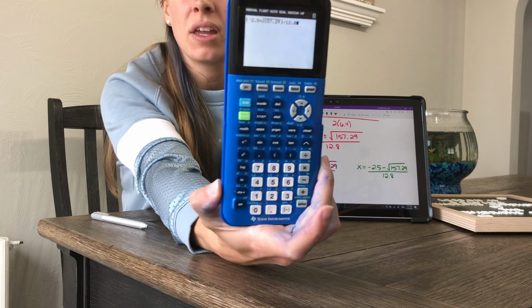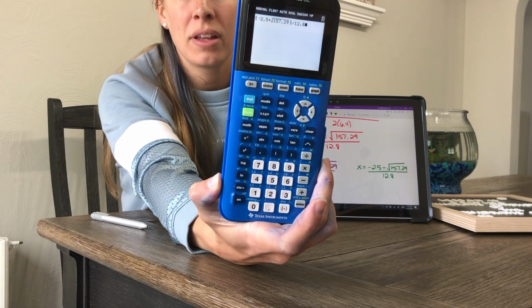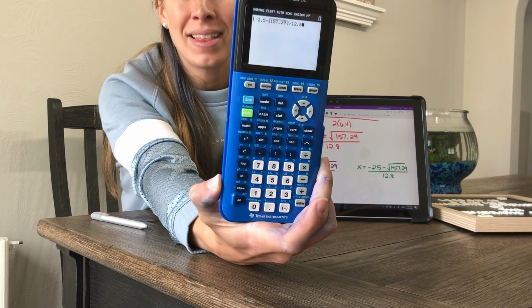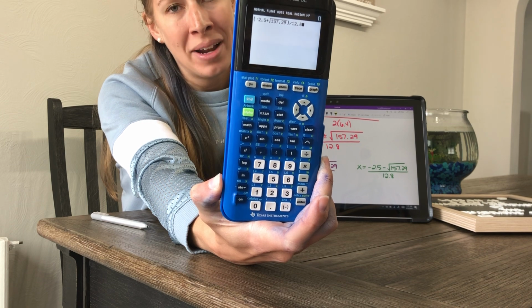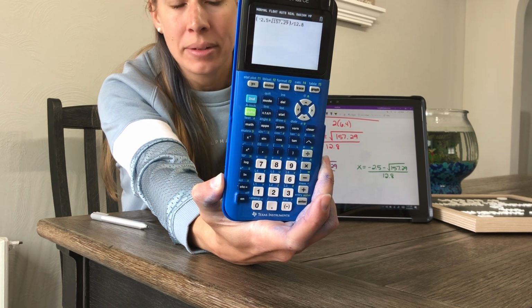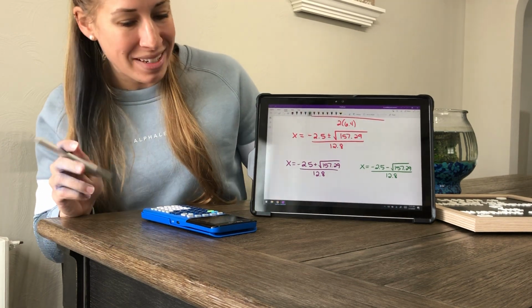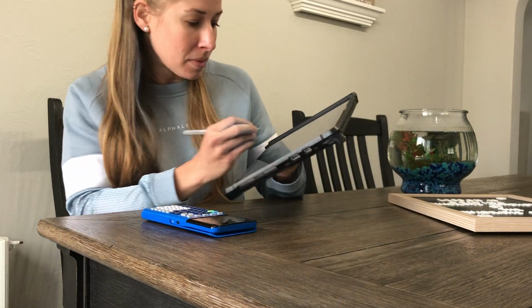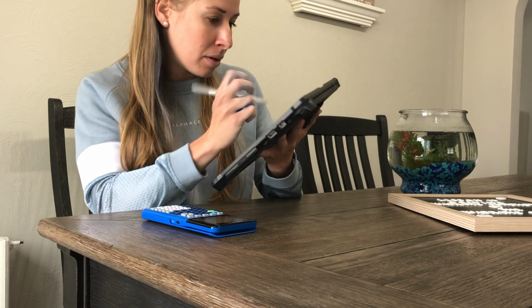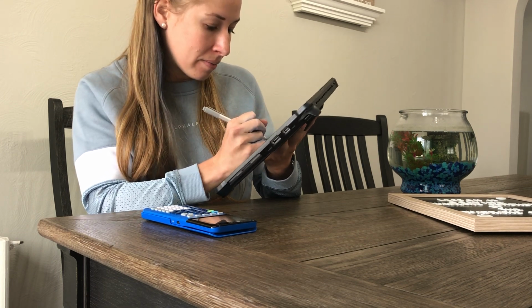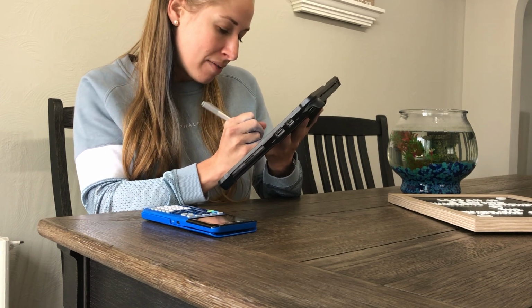So if you don't use the fraction function, just put your numerator in parentheses. If there was more to the denominator, we would put that in parentheses too, but it's not necessary. And then enter, you should get 0.7844. So rounding that to the hundredths would be 0.78.